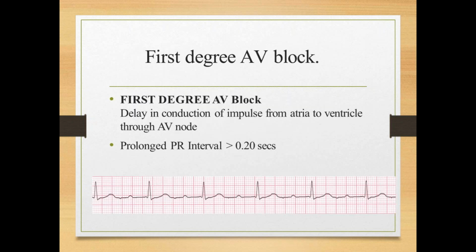So first degree AV block. Coming to the first abnormality now in terms of conduction, the first degree AV block. In first degree AV block, there will be a delay in the conduction of impulse from atria to ventricle through the AV node.